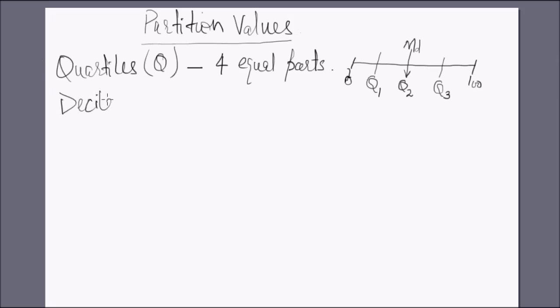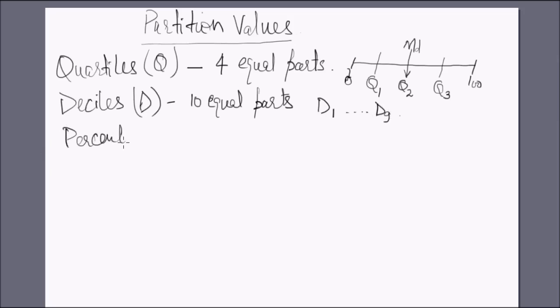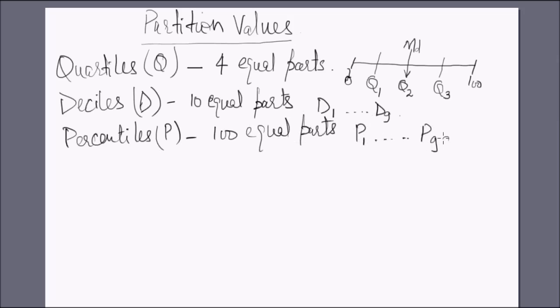Deciles divide the data into 10 parts, starting from say D1 to D9, and in the same way percentiles divide the data into 100 equal parts, and the symbol for that is P, starting from P1 to P99.